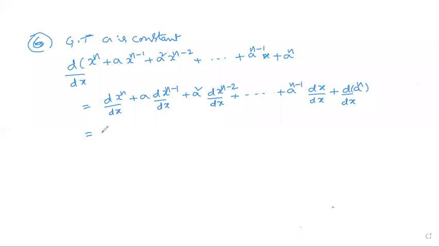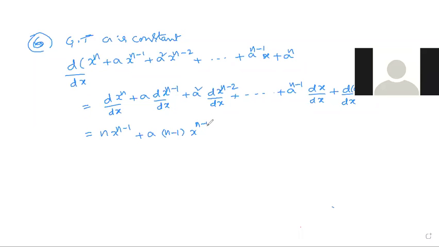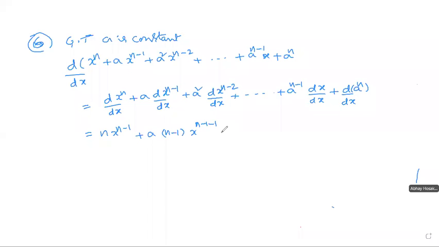The formula for x^n is n into x^(n-1). A is the coefficient. The formula for x^(n-1) is (n-1) into x^(n-2). A square is the coefficient.